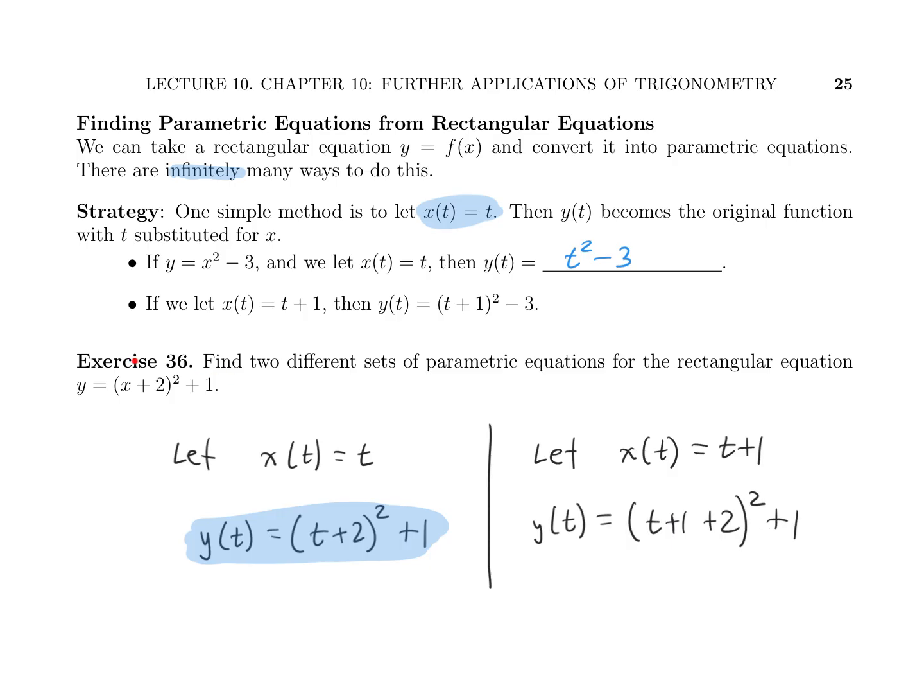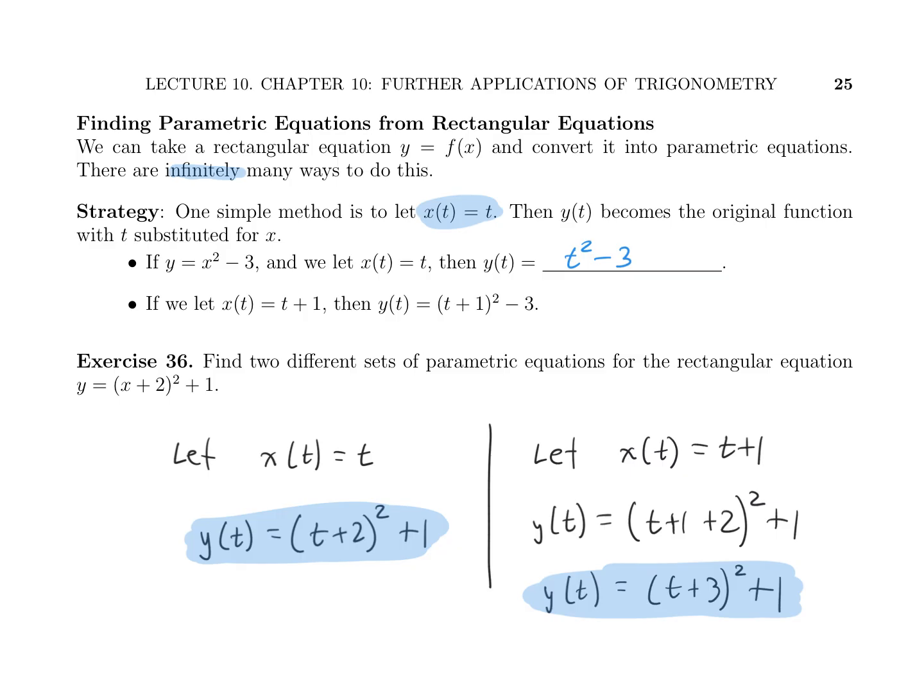So notice I'm just replacing the x here with t plus 1, and so that's why I'm getting t plus 1 plus 2. But now we can combine these like terms, and our final answer will simply be y of t is equal to t plus 3 quantity squared plus 1.